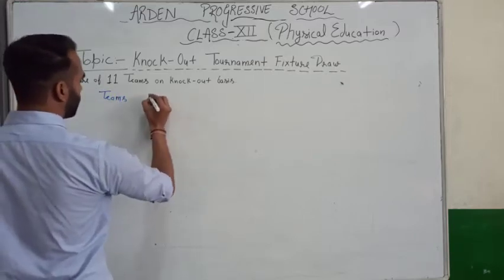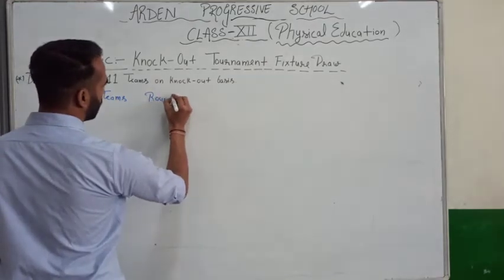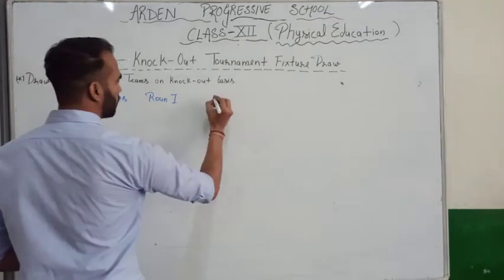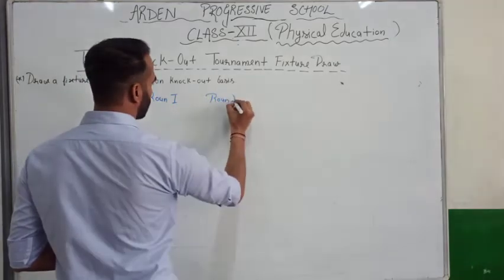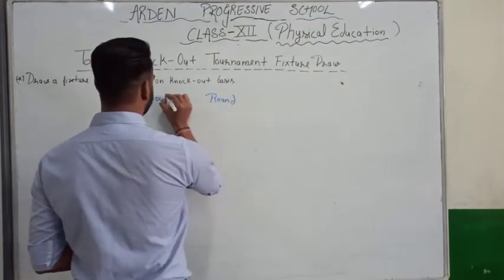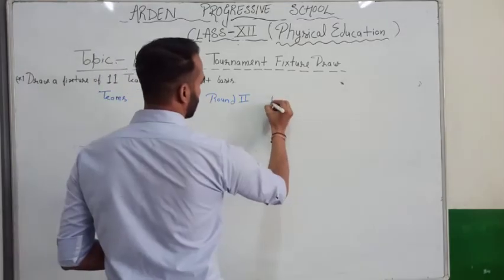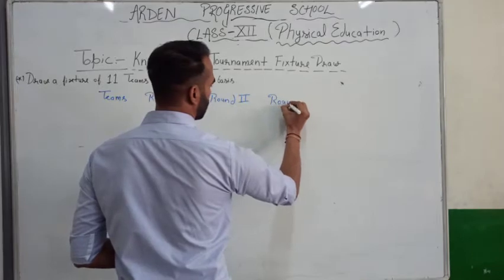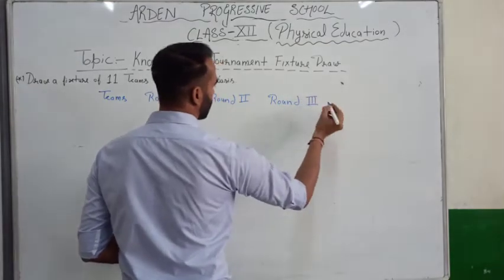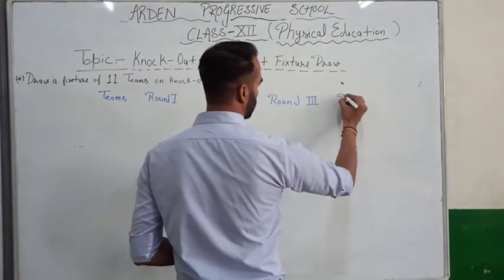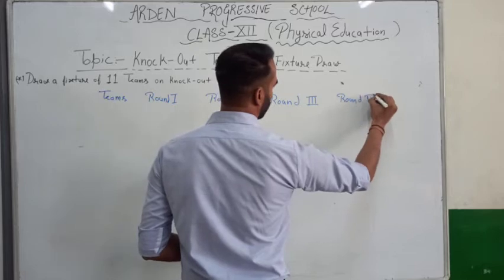First we write the teams. Then we write the rounds: round 1, round 2, round 3, and round 4.